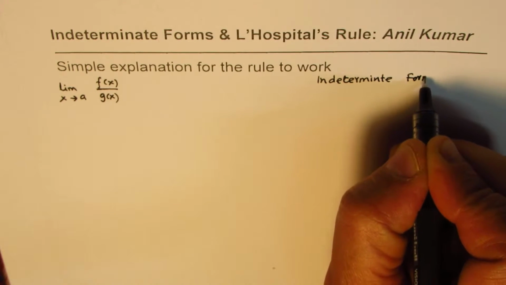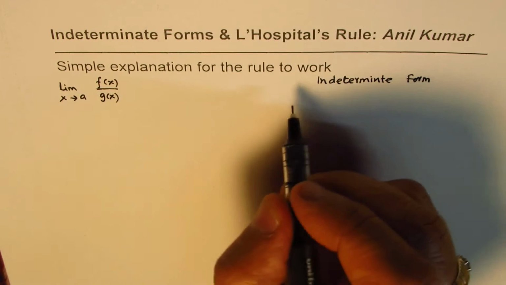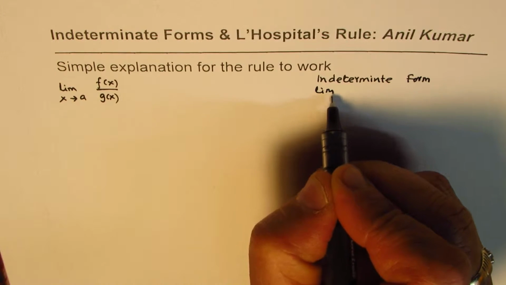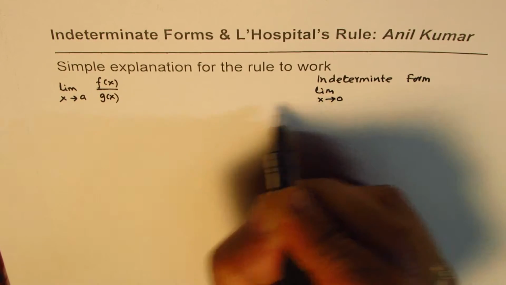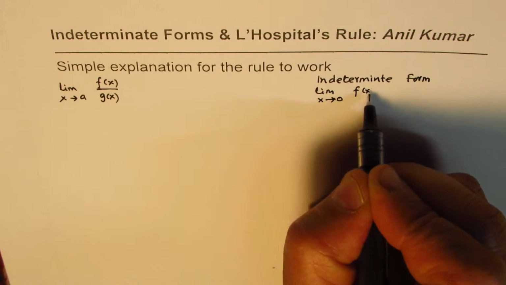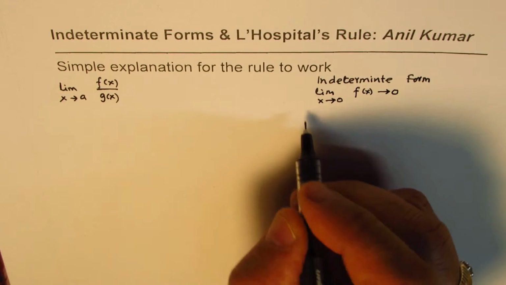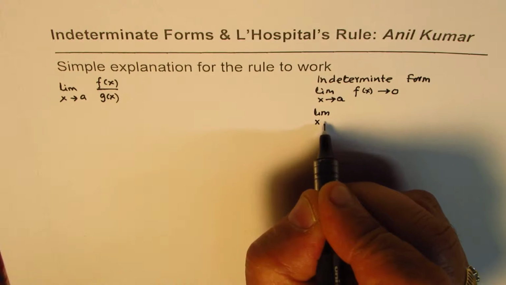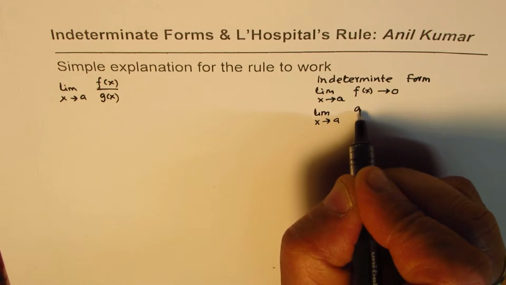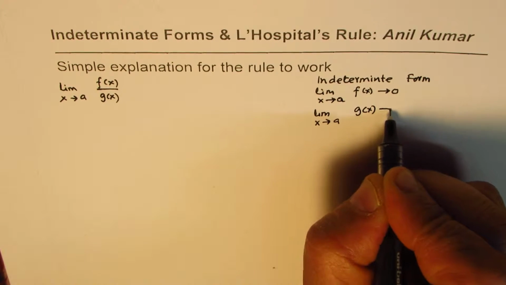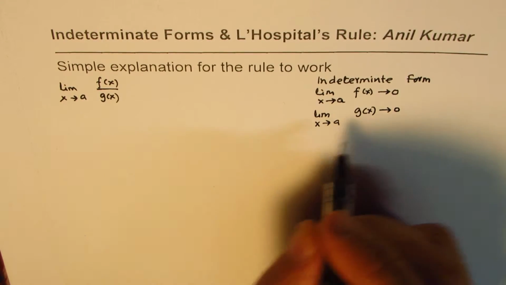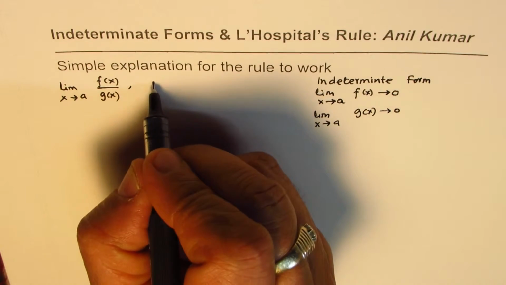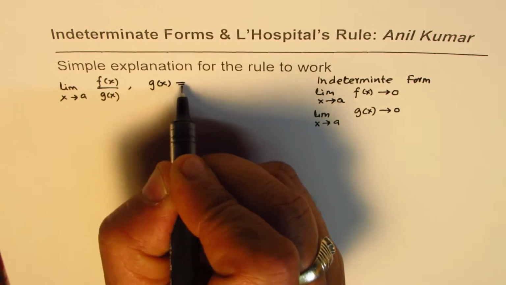When I say indeterminate form, we are saying that the limit when x approaches a, at that time f of x approaches 0, and for limit x approaches a, g of x also approaches 0, right? You should understand that g of x will never be equal to 0.